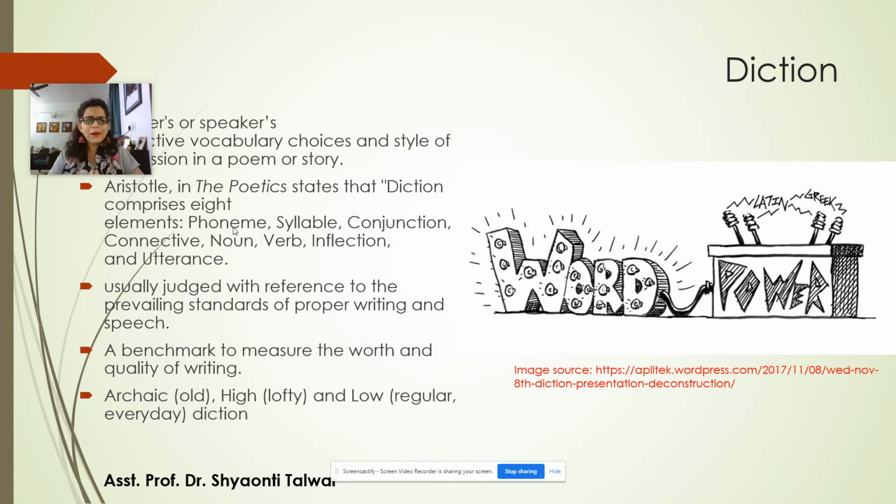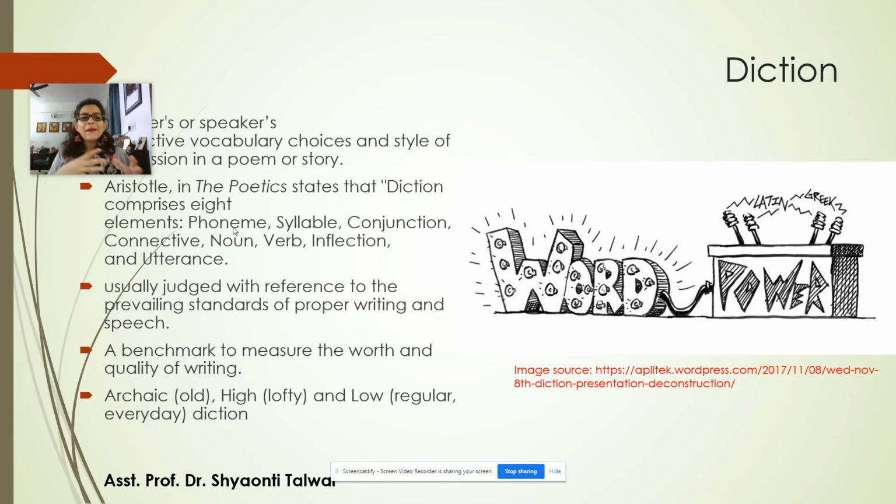Now, to simplify this and make it more relevant for you, films also have different genres, right? So if you look at a mythological film, say it's the enactment of the Ramayana or the Mahabharata, they will not be speaking in a language which you and I speak today, right? They will be using words like pitashri and matashri. So that's part of the archaic diction.